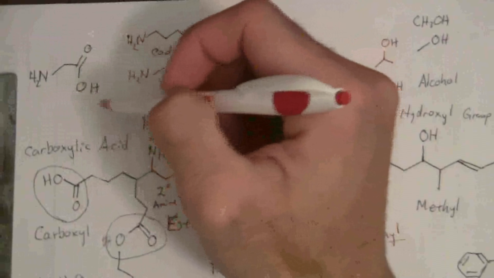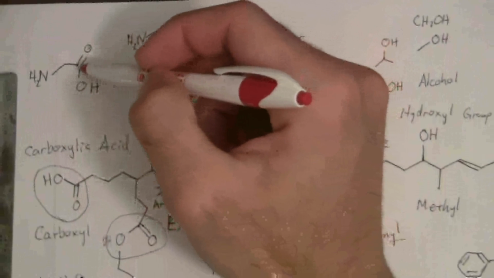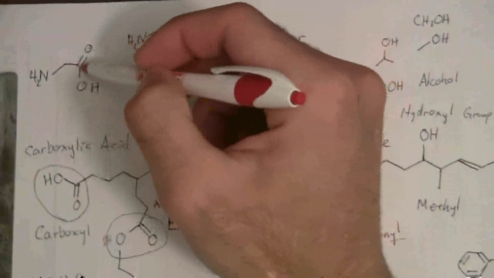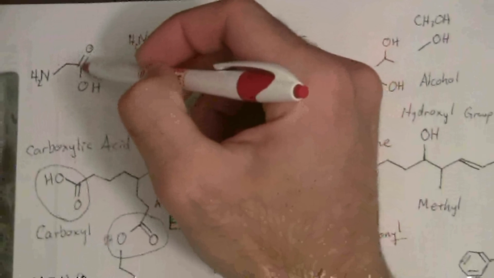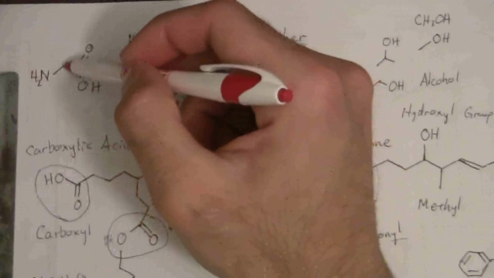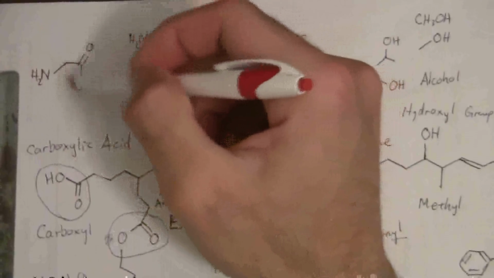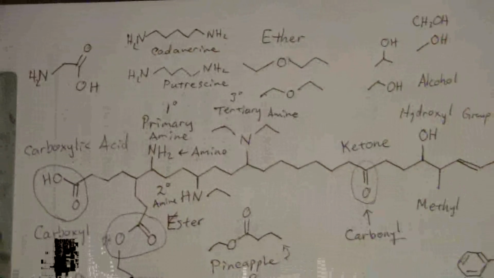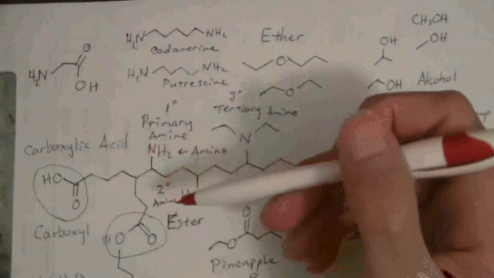Yes, this is the amino acid glycine. It has 2 carbon atoms, and the amino group on 1 carbon atom, and then the other carbon has the carboxylic acid functional group.